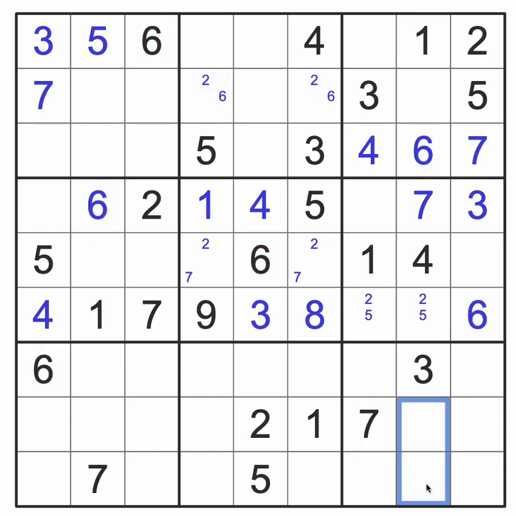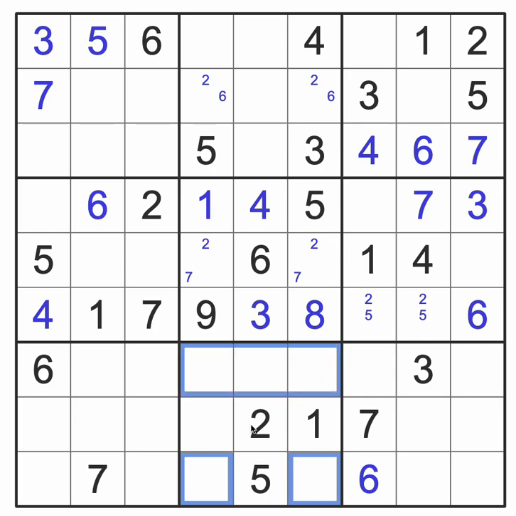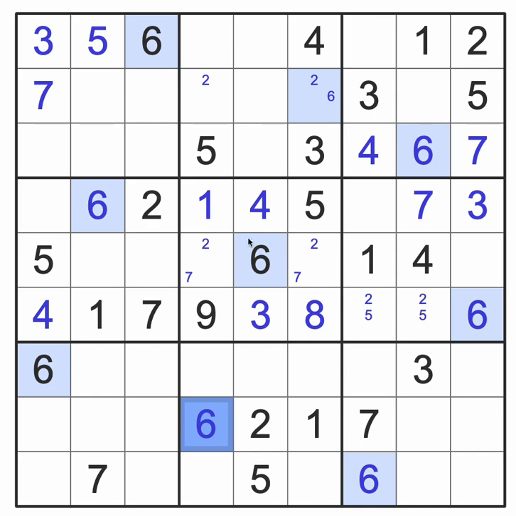And this 6 blocks here, 6 in box 6 blocks these, 6 in box 7 blocks this cell, gives me 6 here, which blocks these. 6 in box 7 blocks these. That gives me 6 here, which gives me 2 and 6. And these are 7.